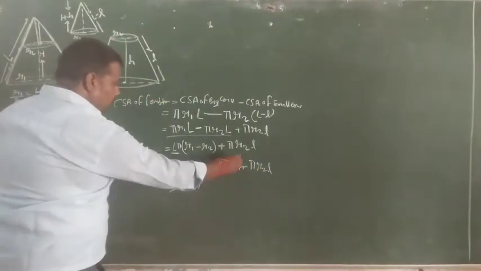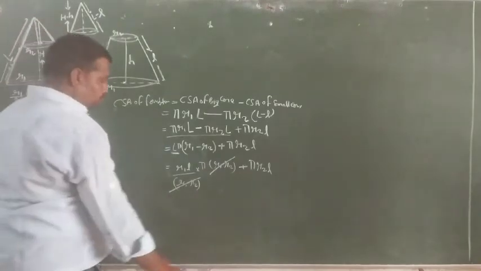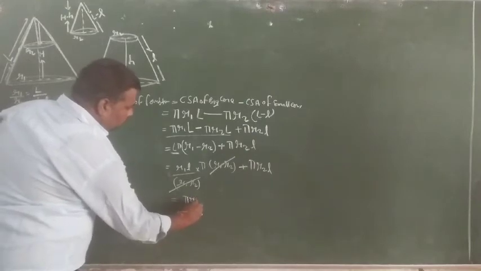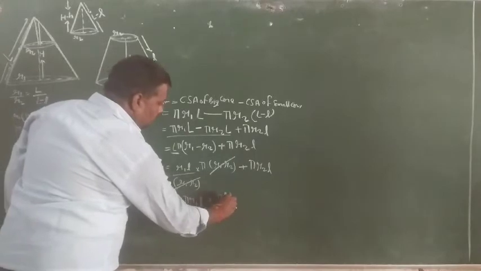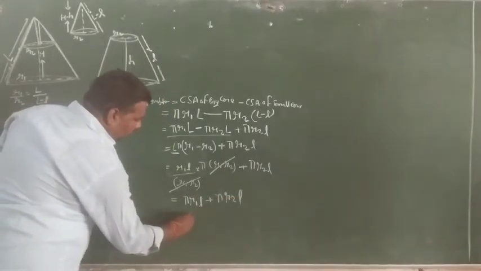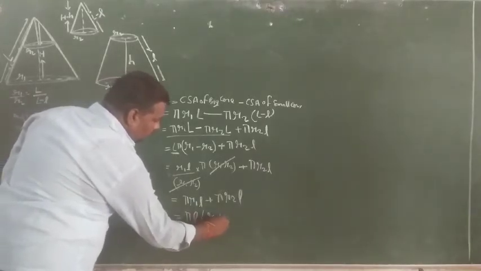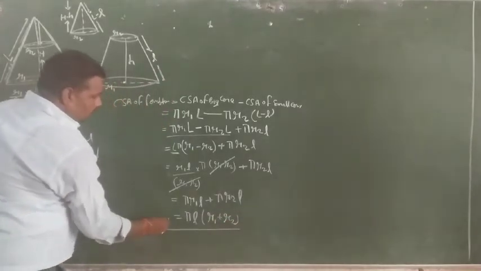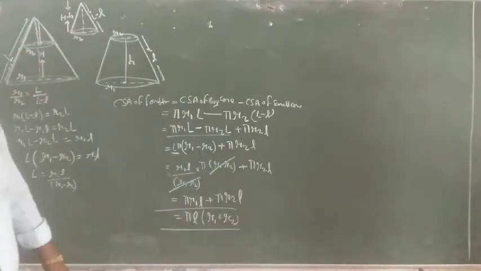Now you see this term has cancelled for R1 minus R2. Now remaining is pi R1 l plus pi R2 l. Take common pi and l, so R1 plus R2 remains. That is the formula of CSA of frustum.